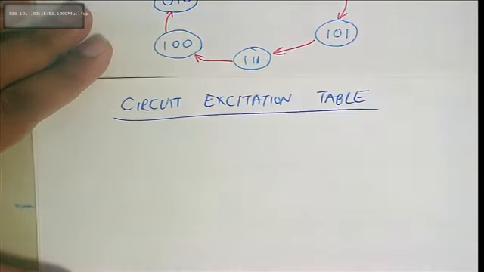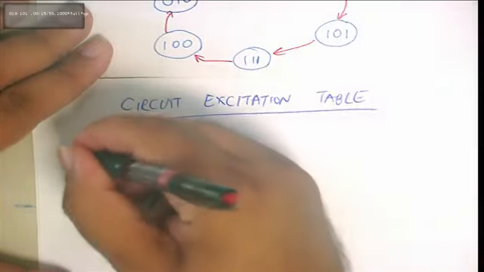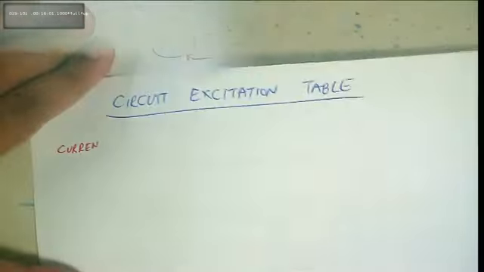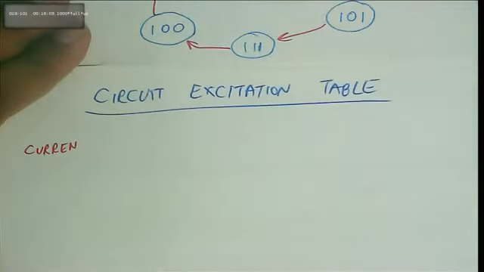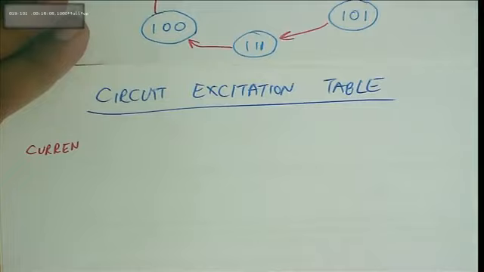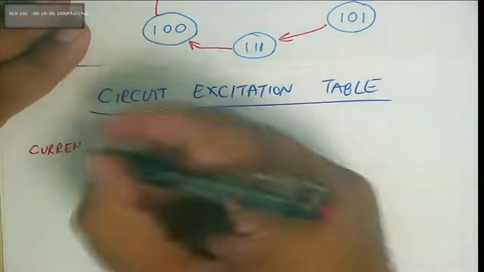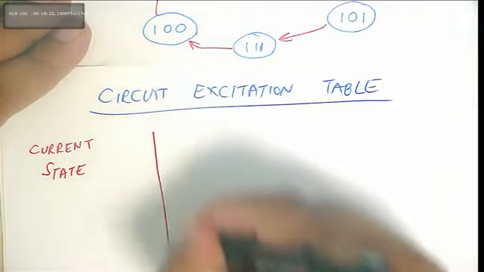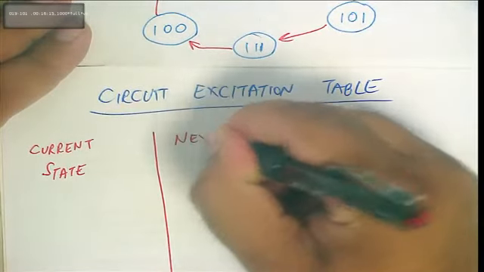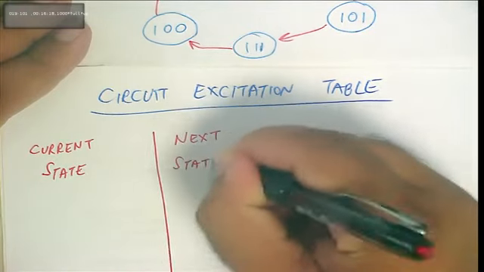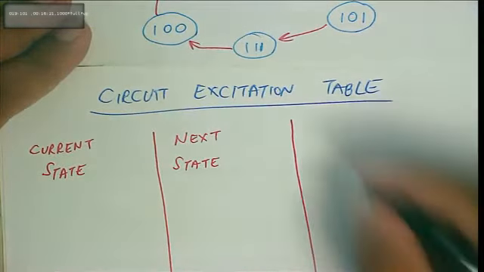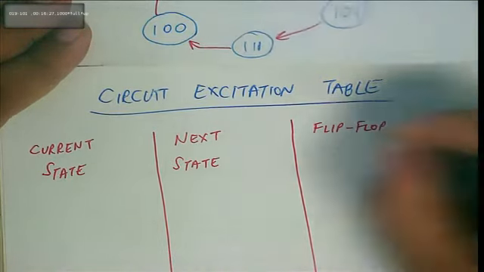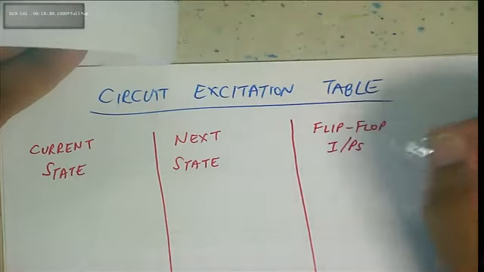We need 3 flip-flops. And so we have current, let me zoom in. Current state. Next state. We know our next state, yeah? And this is our flip-flop inputs.